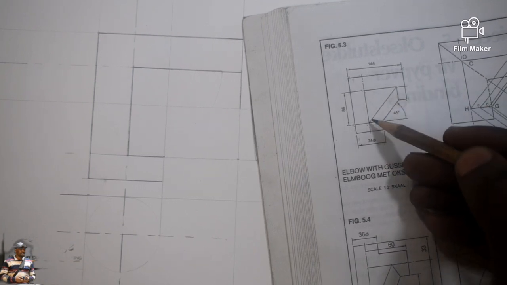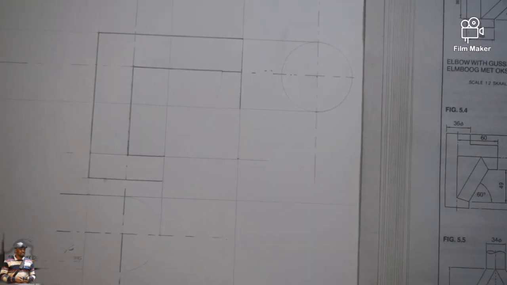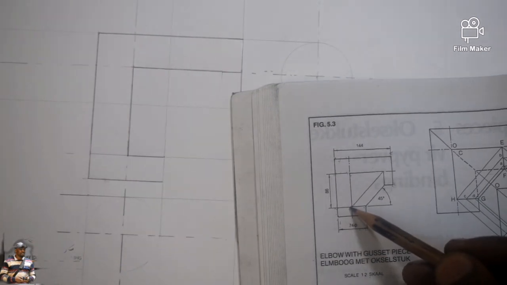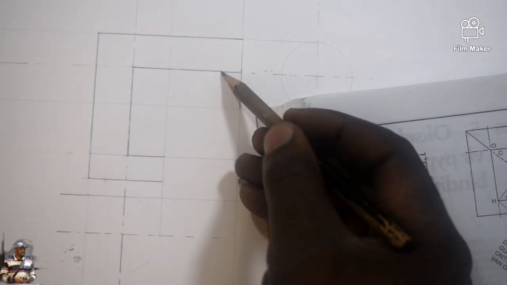Understand? After I've gotten that one, we're having a line that is at an angle of 45. So let's prove that. Even if we are not proving it, we know that once we have this corner from here till there, we can have it from there till there, you understand?